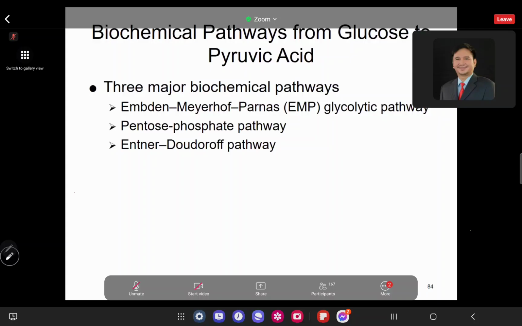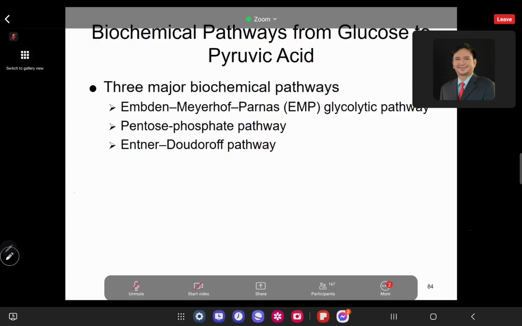So these are the three biochemical pathways responsible for the conversion of glucose to pyruvic acid. Your EMP pathway, Embden-Meyerhof-Parnas, is similar to your glycolytic pathway, which is the most familiar process of glucose breakdown. While the pentose phosphate pathway does not generate much energy, it also provides intermediates for nucleotides and amino acids.